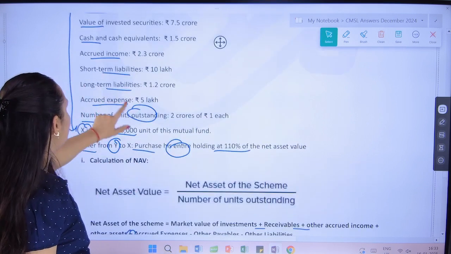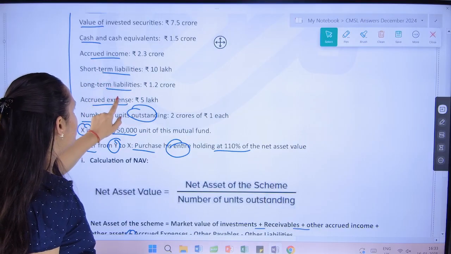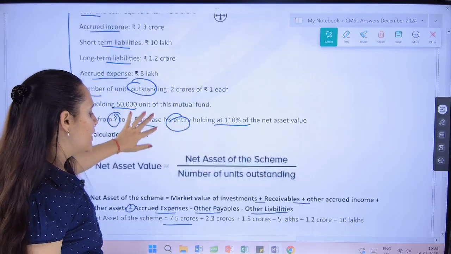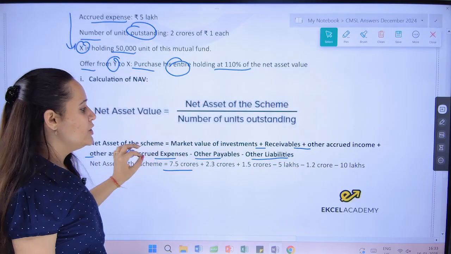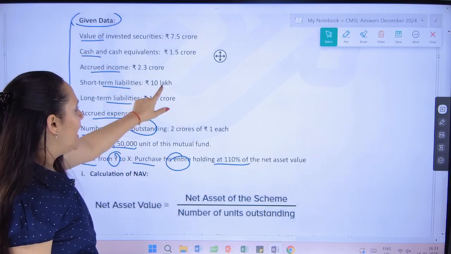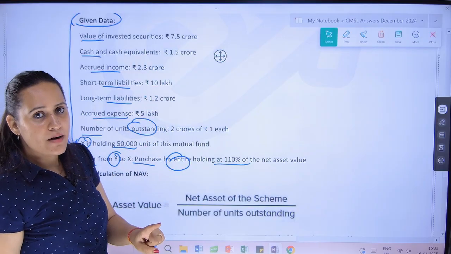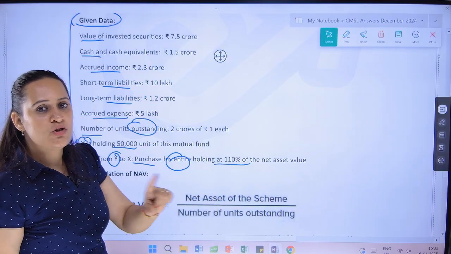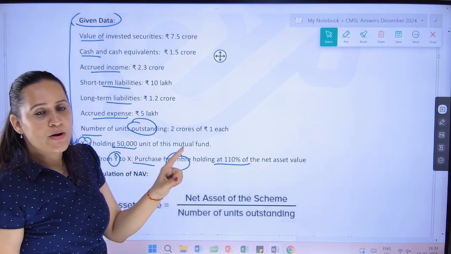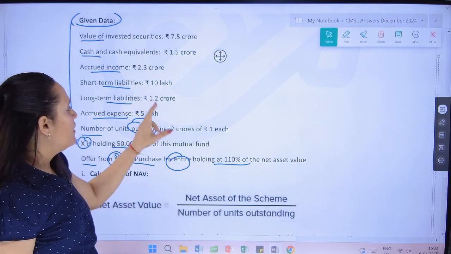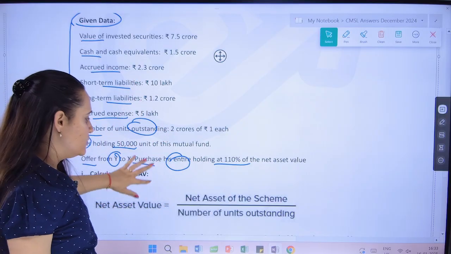All other things are expenses, short-term liability, long-term liability, accrued expenses. All this we are going to subtract, but please make sure that half of the values are in lakhs, half of the values are in crores. So you have to follow only one pattern, either write everything in lakhs or write everything in crores. You cannot miss out on the values, right?